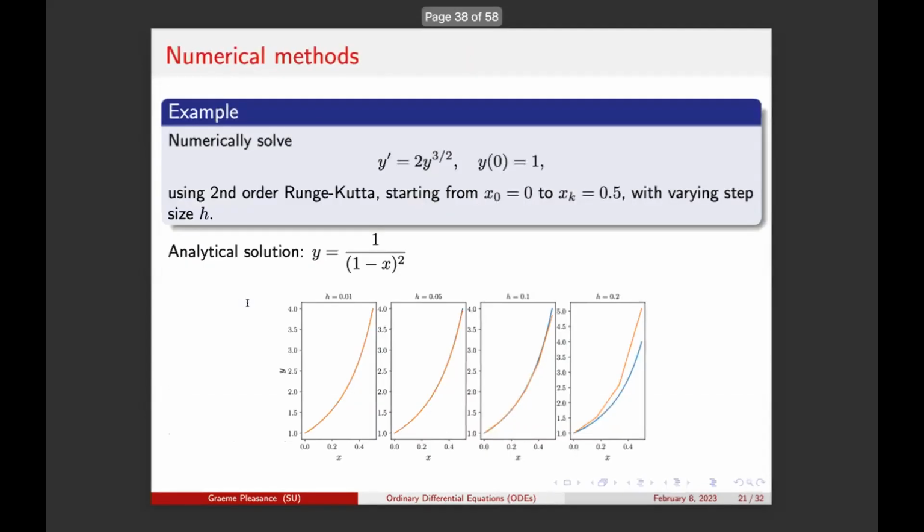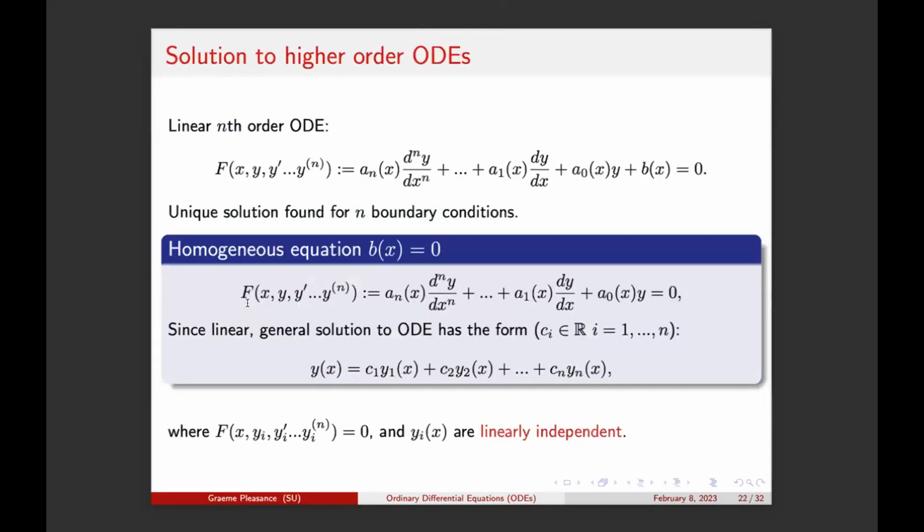Okay, so I think that's where we finished in this morning's lecture. So in this lecture, what I'm hoping to do is to at least partly cover how we can solve certain types of higher order linear differential equations, in particular focusing on homogeneous second order linear differential equations.